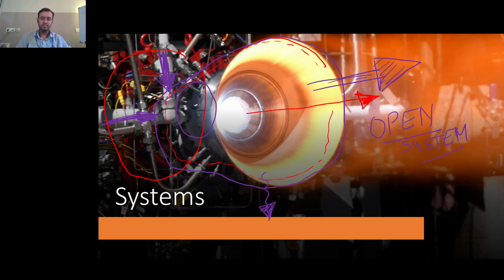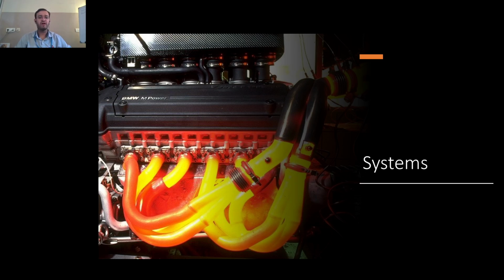Just to make sure that you understand what an open system is, let's look at another example. So we have a car engine. From a device which takes us to the stars to something that really gets us around in our day-to-day world. Now this is an example of a high-powered engine. This is a BMW engine which is used in F1 cars. I really hope that you like the sport.